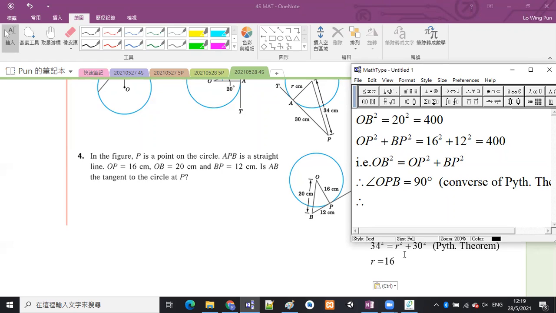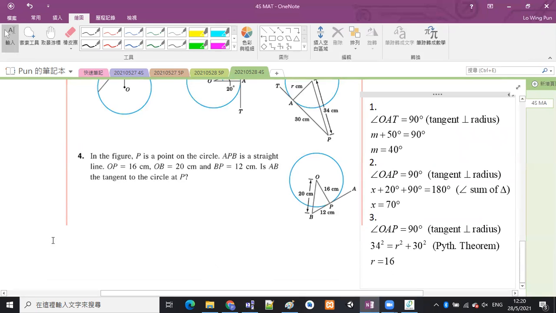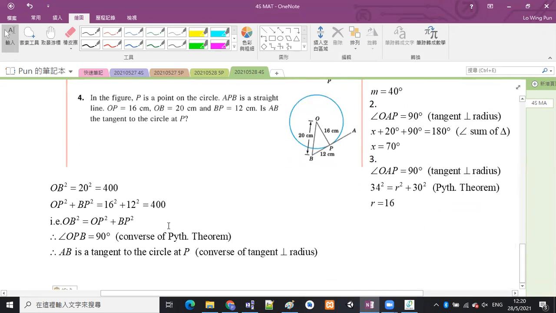So conclude that AB is a tangent to the circle at P. Okay? And we need to write down the reason here. The reason is converse of tangent perpendicular to radius. Okay? So this is number 4.